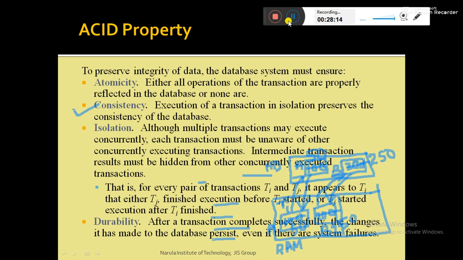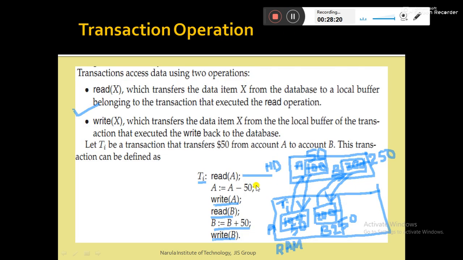Now let me explain with an example. If you go back to the previous slide, the consistency property means the sum of A and B must be unchanged by the execution of the program. So before the transaction Ti starts executing, what was the sum of A and B? Initially the value of A was 100 and the value of B was 200.